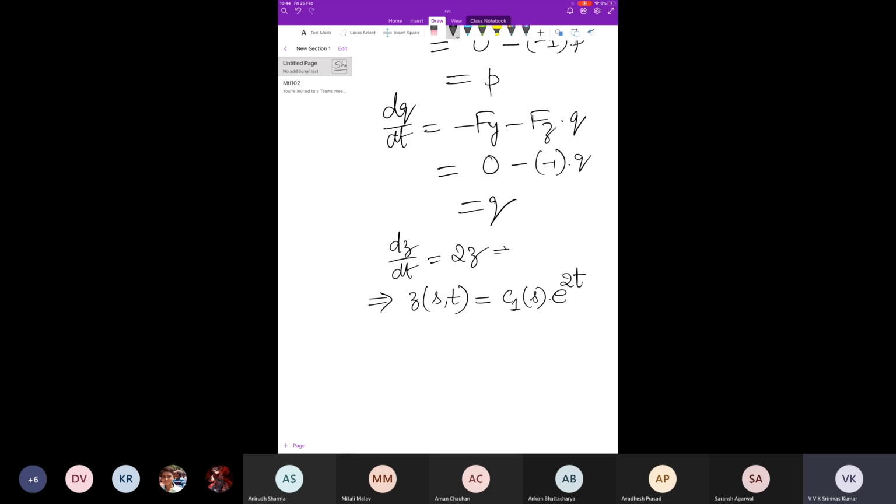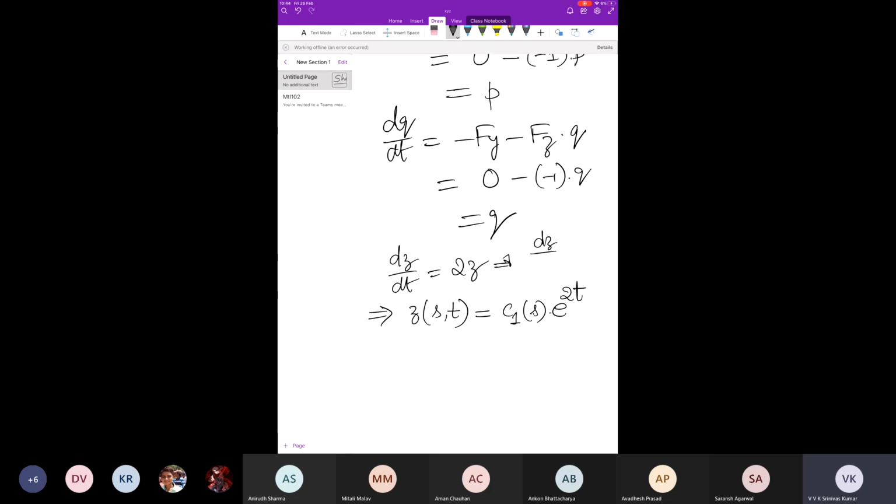You can write this as dz upon z is equal to 2 dt.